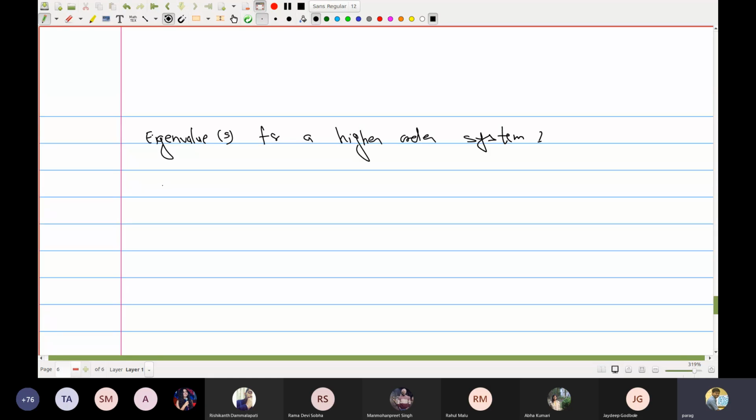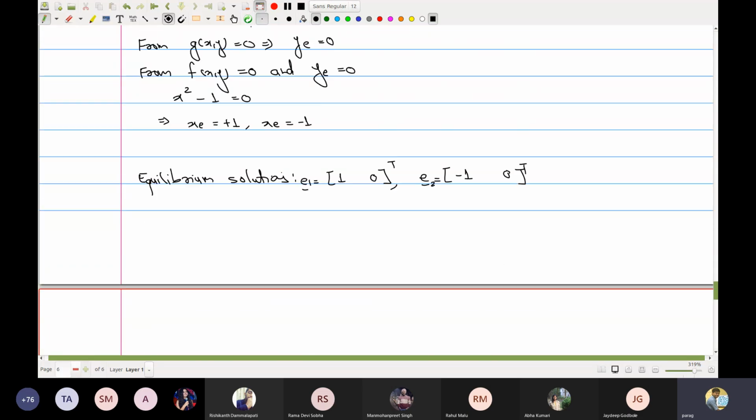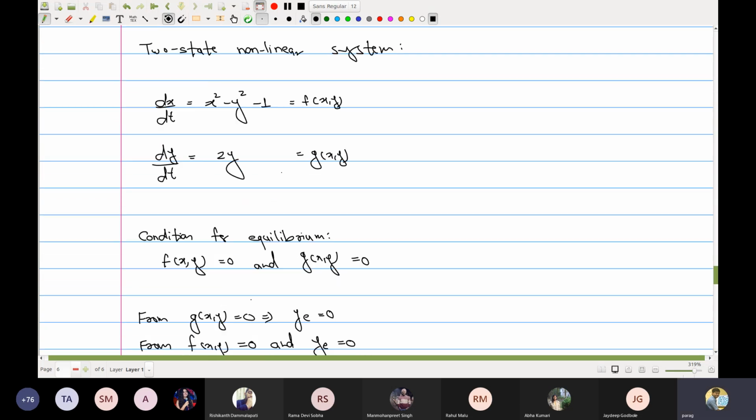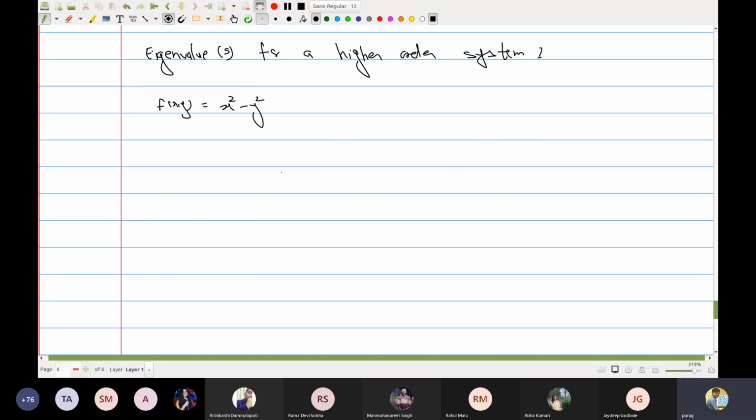Well, I have f of x, y as x squared minus y squared minus 1, and g of x, y is 2y. So let's see carefully what I am doing. I have del f by del x, and this is 2x.